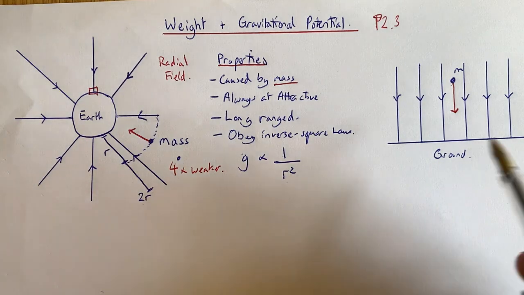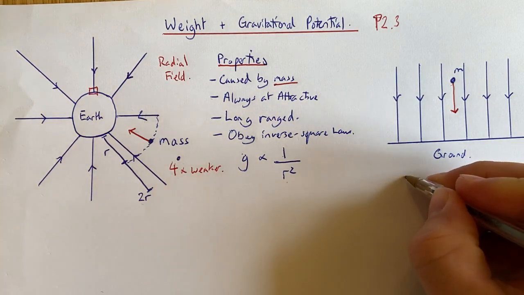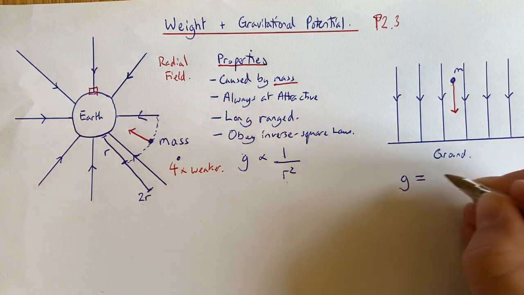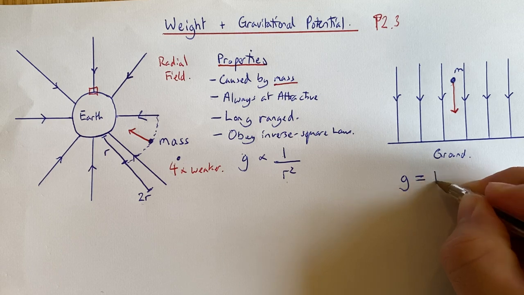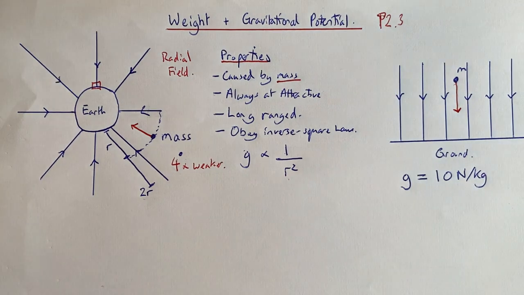So in the lab, as far as we're concerned, the surface of the Earth's gravitational field is constant, and that constant is represented by g. Okay, so g on Earth is equal to 10 newtons per kilogram. And g is a number that you have to know.